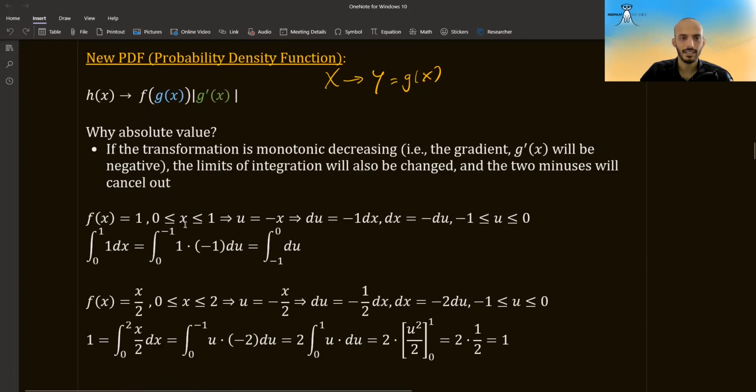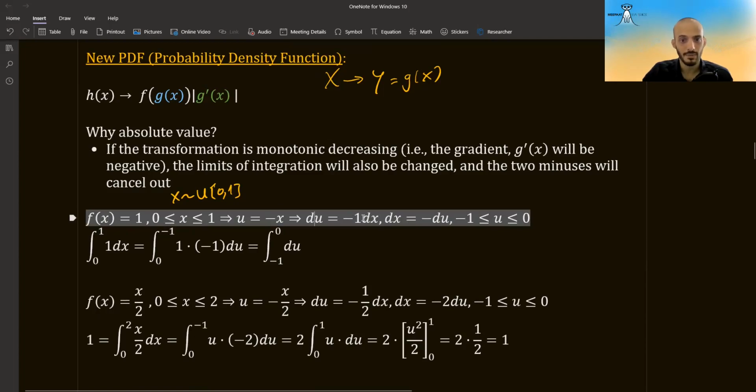So for example, let's say we have a uniform distribution, f(x) is equal to 1 between 0 and 1. Okay, so this is the same as saying x is uniform, continuous between 0 and 1. And let's say we take the transformation u is equal to minus x. du is equal to minus 1 dx, dx is equal to minus du.